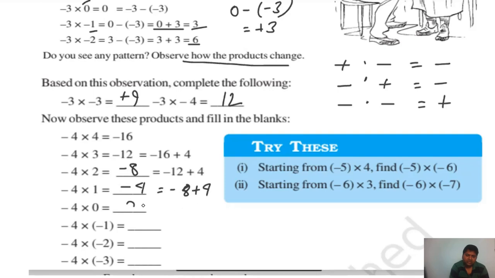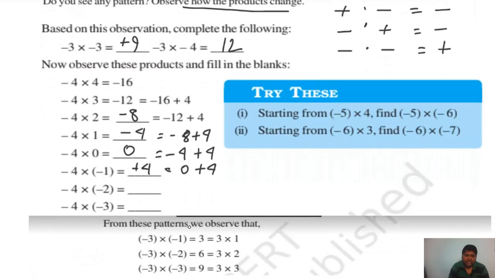Then 0, from minus 4 plus 4, and then plus 4, from 0 plus 4. This is 8, from 4 plus 4. This is 12, from 8 plus 4.